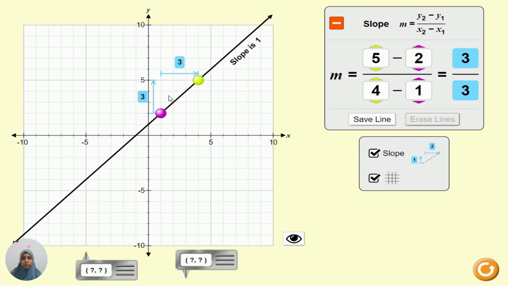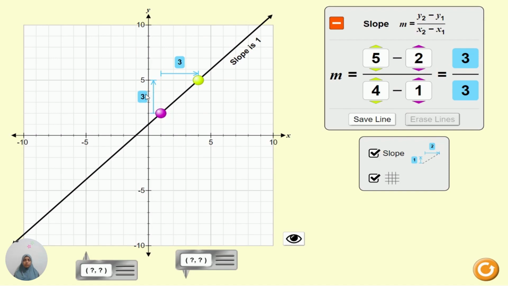So I have 2 points here on the line. I want to find how steep the line is. So I'll take the y values. I have y2, which is the y value of this point, and then I take away the y value of this point.